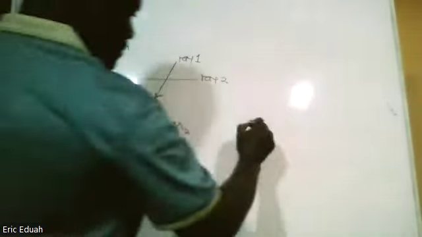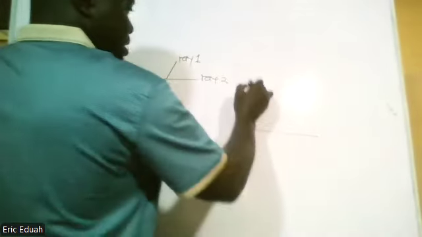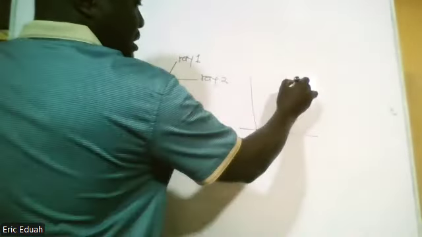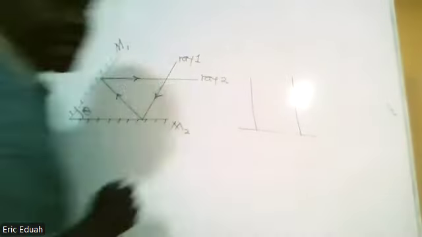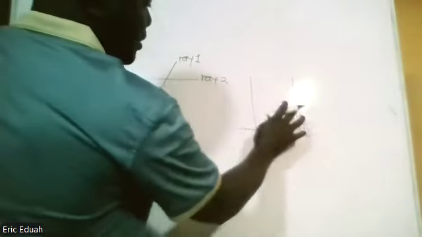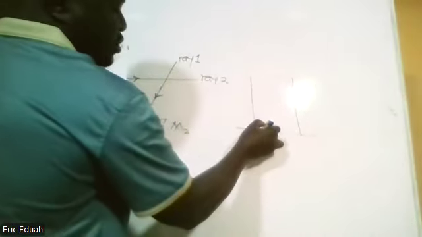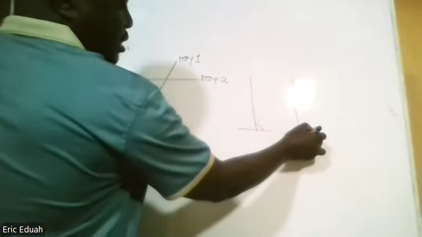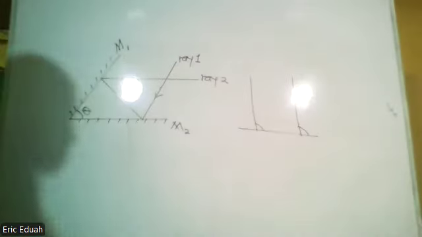So if this is the vertical, this is line 1, this is another line, and I claim this line is parallel to this, then the angle between the ground and the lines must be the same.